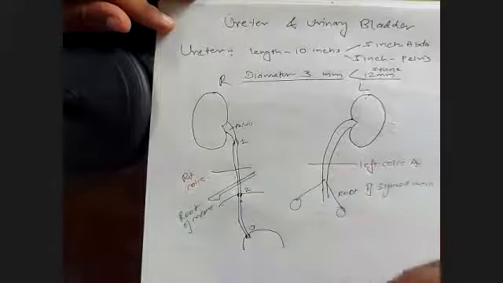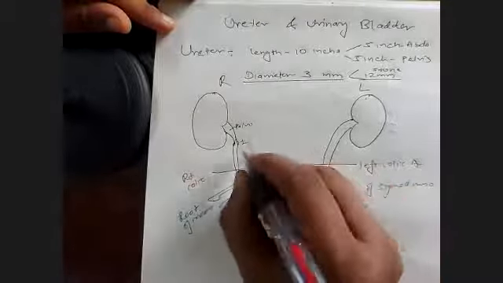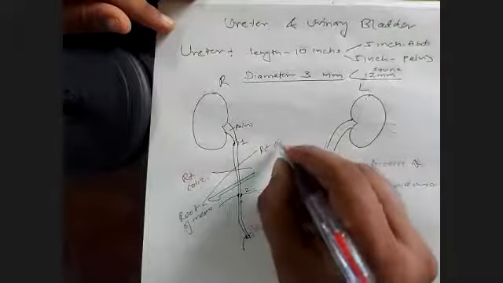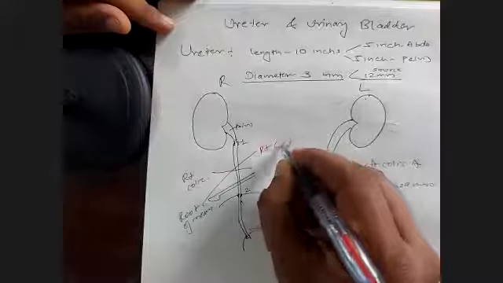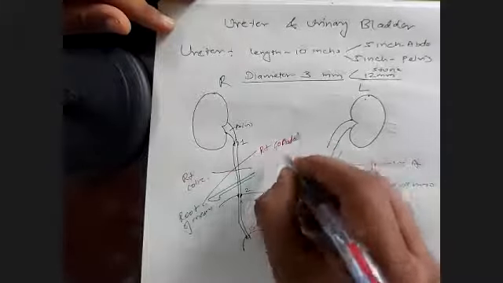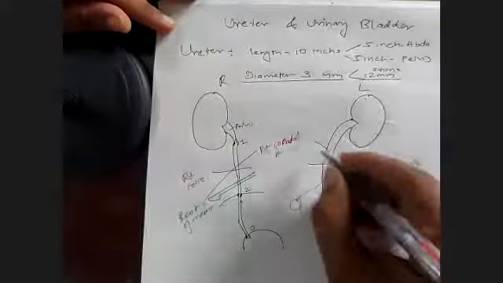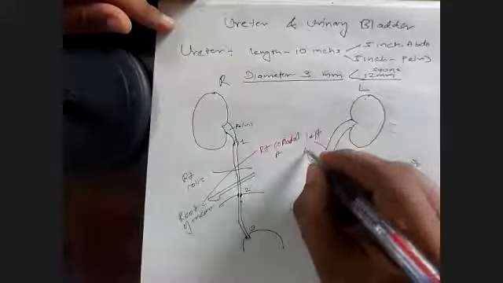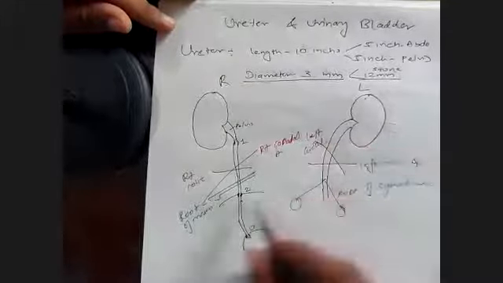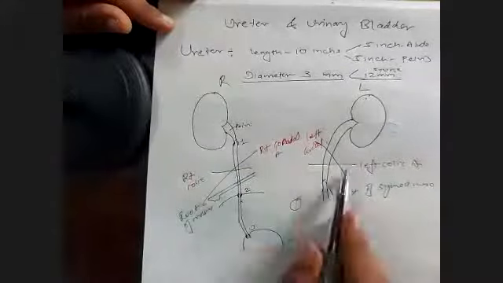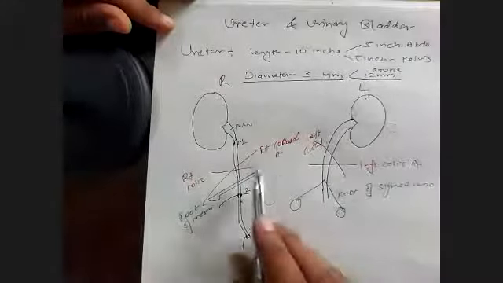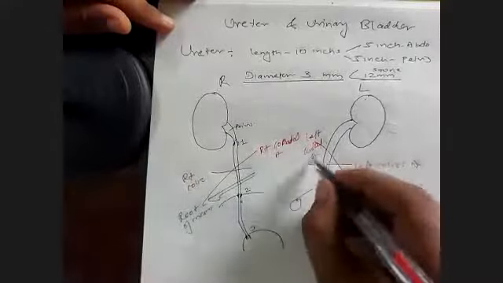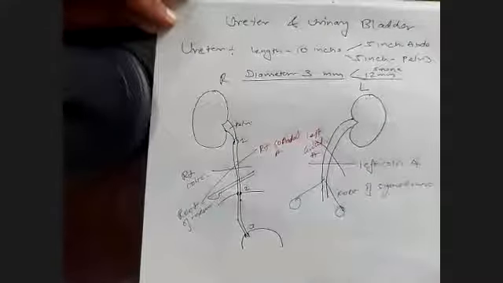Then the right gonadal artery and the left gonadal artery. So 3 relations on each side: right colic, left colic, root of mesentery, root of sigmoid mesocolon, right gonadal artery, left gonadal artery.